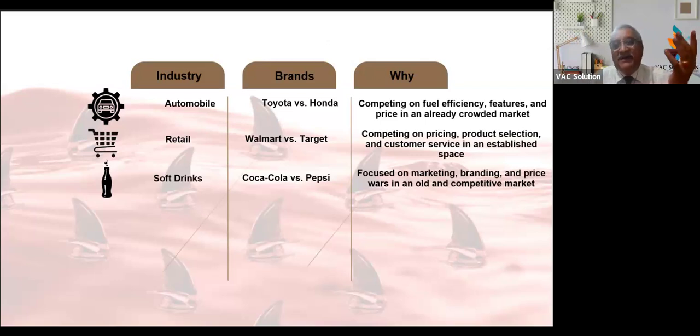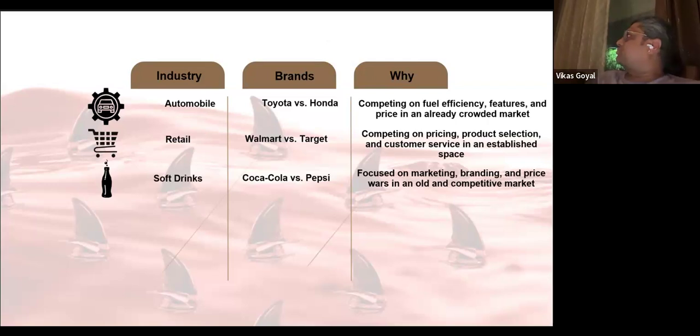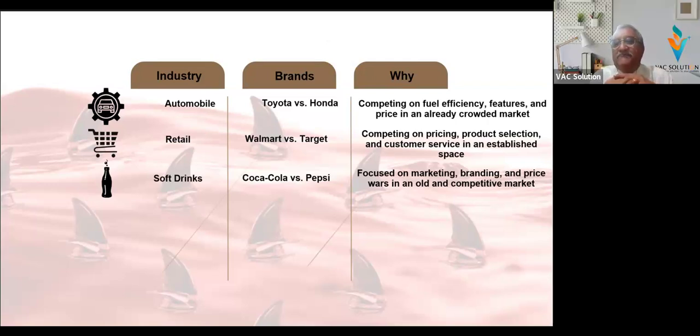You might all be remembering there was a competition where customers were blindfolded and given two covered drinks so that they would not know which is which. They were asked to identify which drink is which. They could not. They could not identify which is Coke or which is Pepsi because every drink is more or less the same.